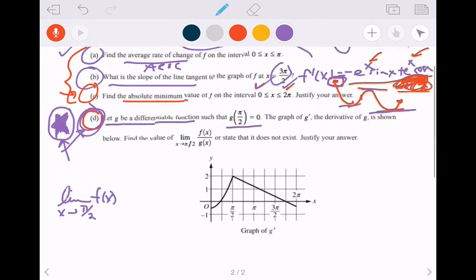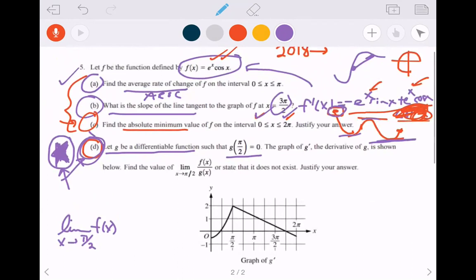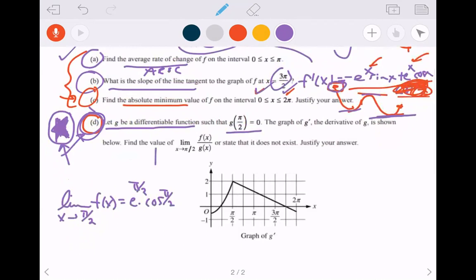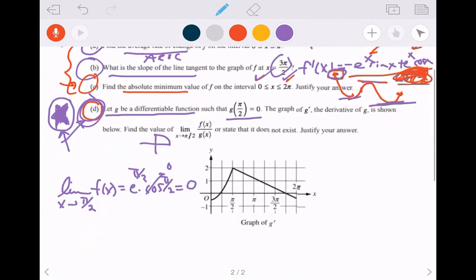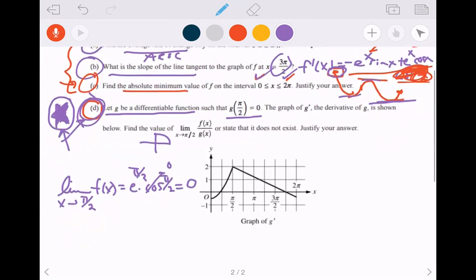All right, let's go to the top and plug in a pi over 2 to f of x. I would get e to the pi halves times cosine pi halves. Now, if you don't know your unit circle, this is going to trip you up. Cosine pi over 2 is the x value there, and it's 0. So the limit as x approaches pi halves of f of x is 0. So the top is a 0. Now I'm going to do the bottom.